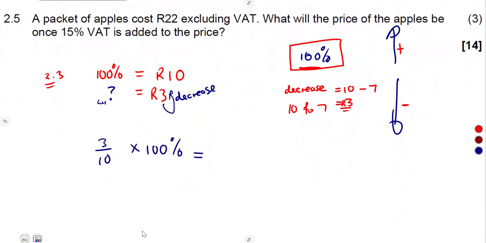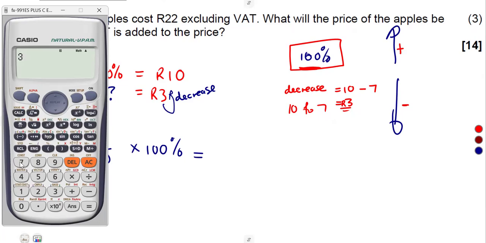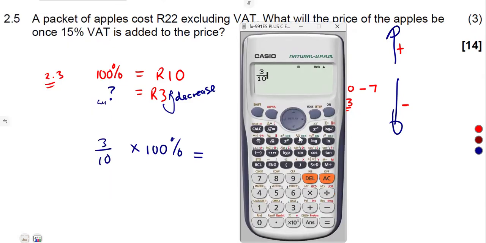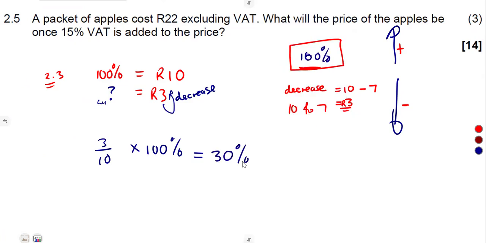That's going to be our decrease. 3 over 10, then move aside and multiply by 100%. This is going to be 30%. Just like that. So this is our decrease, as 3 rand here represents a decrease. The percentage that corresponds is the percentage for the decrease.